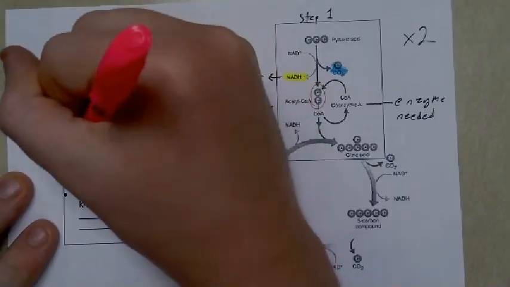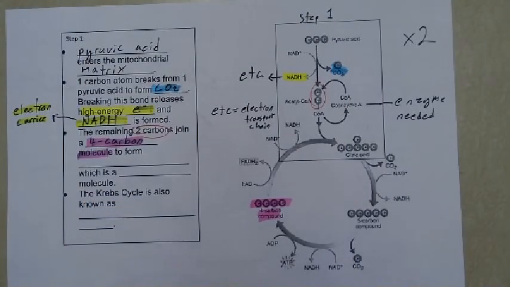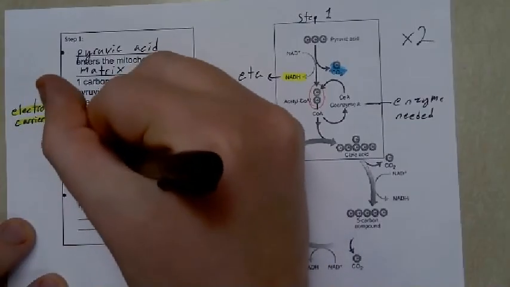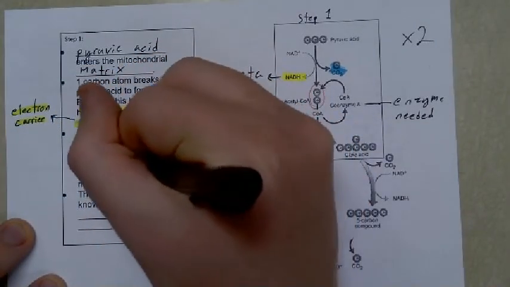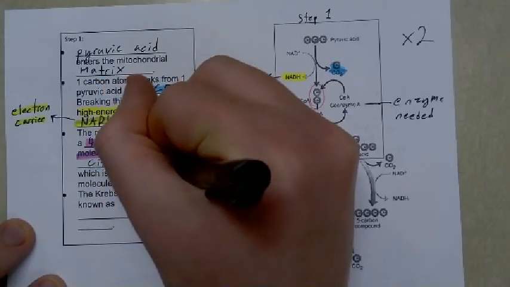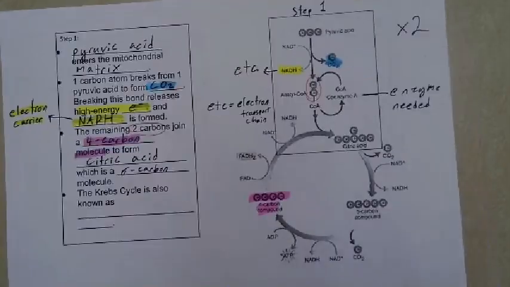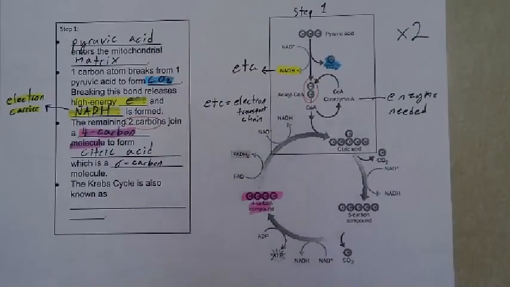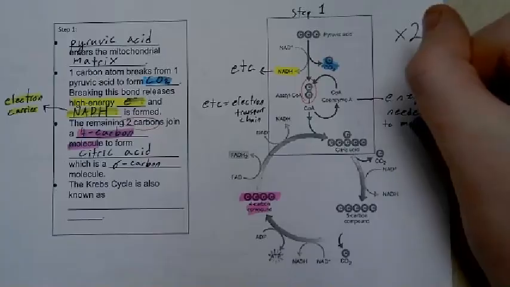So I'm going to take a 4-carbon molecule, I'm going to take a 2-carbon molecule, and I'm going to make citric acid out of this. Citric acid is a 6-carbon molecule. So 2 plus 4, we get 6. Some crazy math, I know, but we got to learn something hard today. So this enzyme, CoA, coenzyme A, is the enzyme needed to make our citric acid.